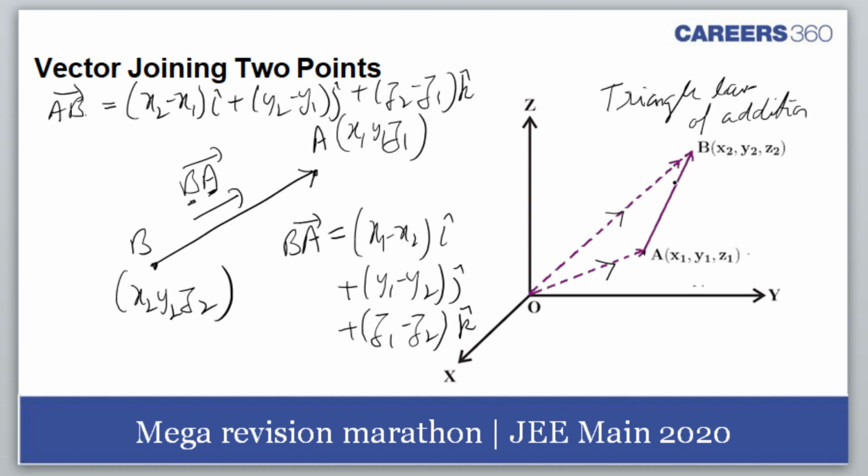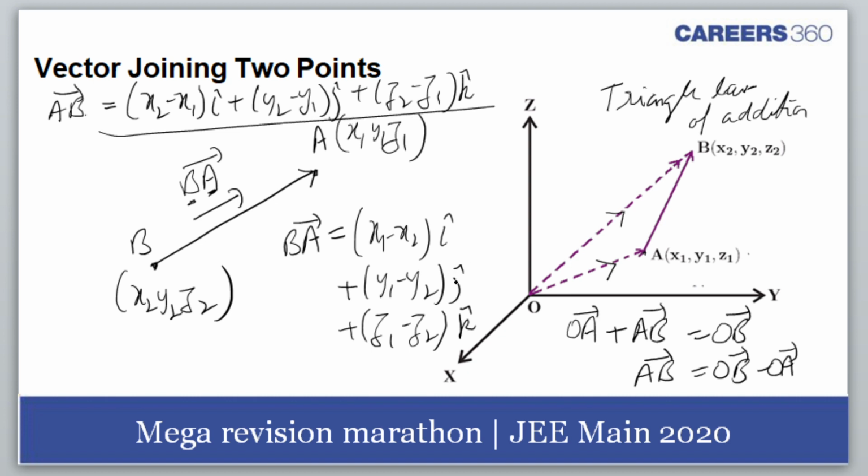So this vector would be the result OA. If you realize, OA plus AB is nothing but OB. So what would AB be equal to? AB would be equal to OB minus OA. That's what I've done here.